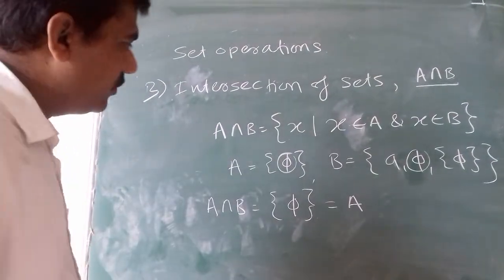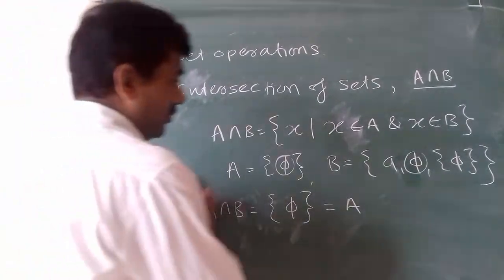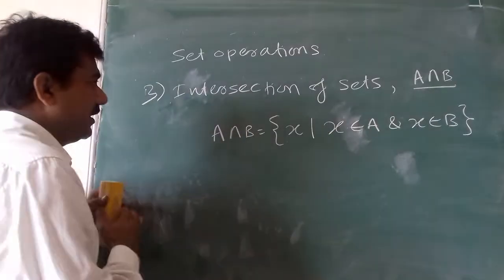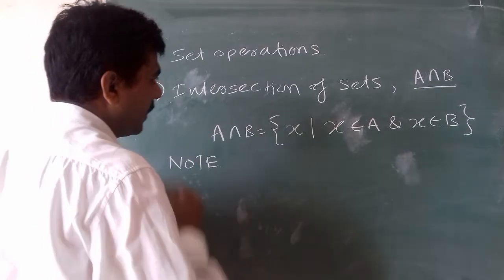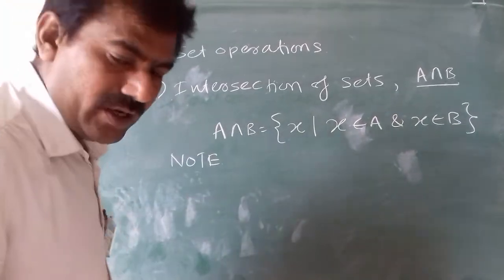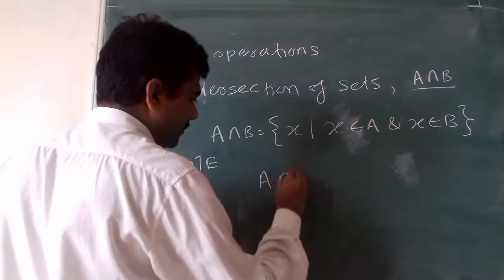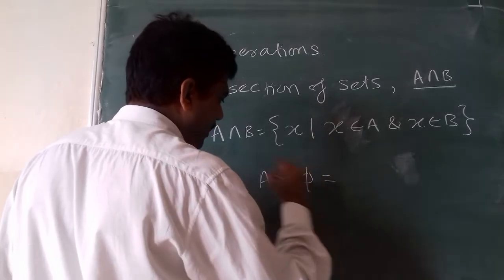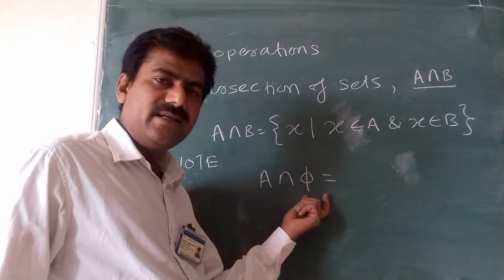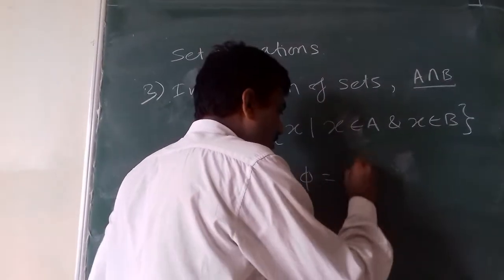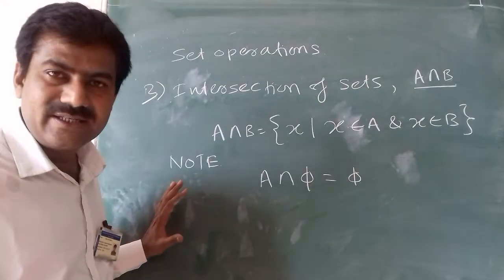Okay, so now see the notes with respect to the intersection operation. A intersection the null set is the common element between these two sets. The null set is equal to what? The null set.